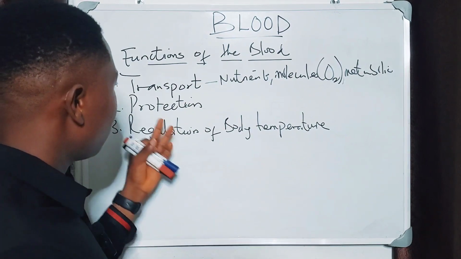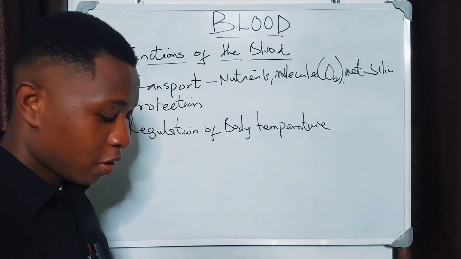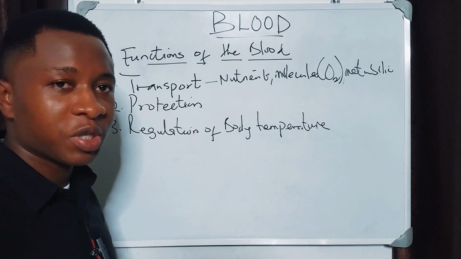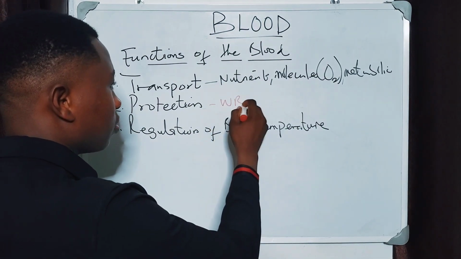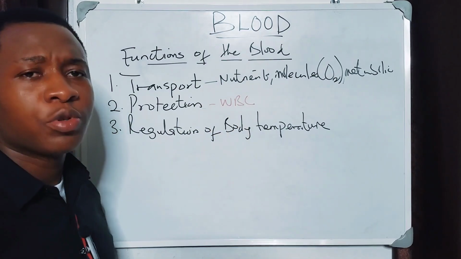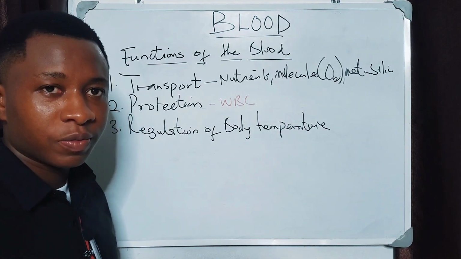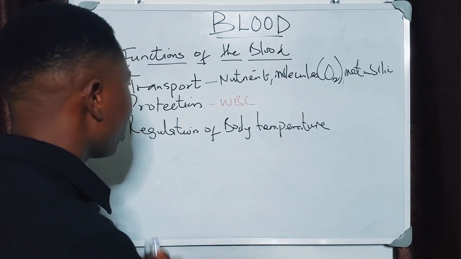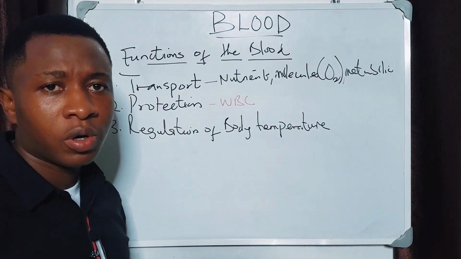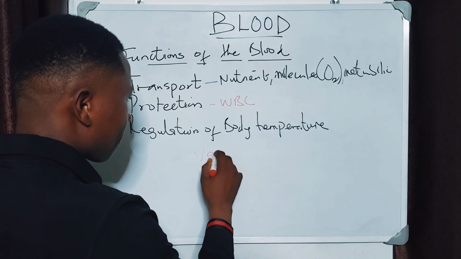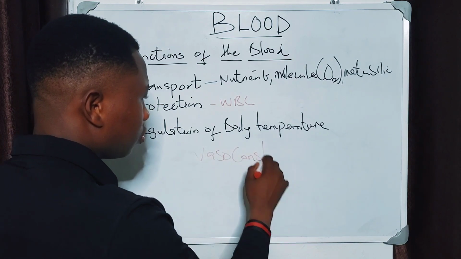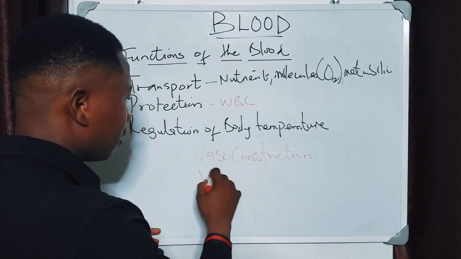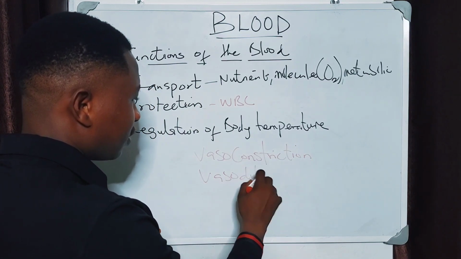And the blood also helps in protection. For example, the solid part of the blood that is responsible for protection is the white blood cells. So the white blood cells help to protect the body. So that is a major function of the blood. The blood also regulates body temperature via vasoconstriction and vasodilation.